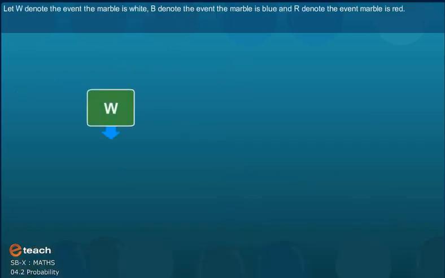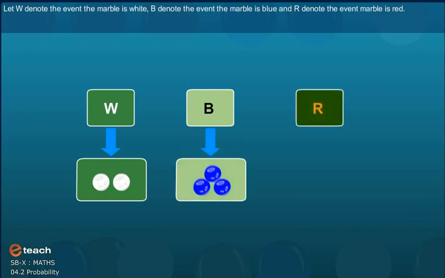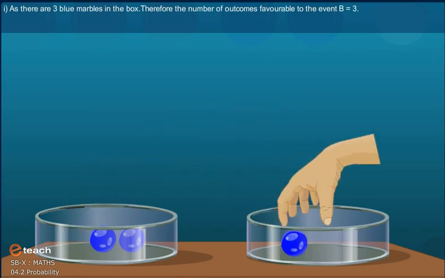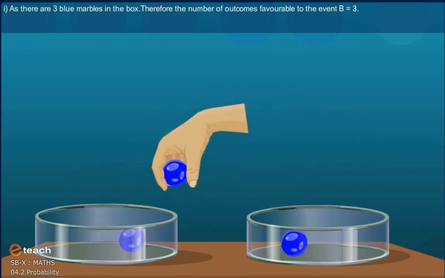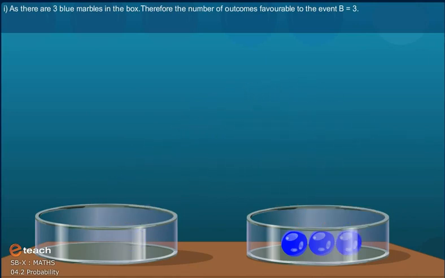Let W denote the event the marble is white, B denote the event the marble is blue, and R denote the event the marble is red. 1. As there are 3 blue marbles in the box, the number of outcomes favorable to the event B is equal to 3.